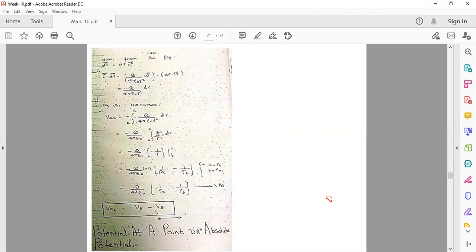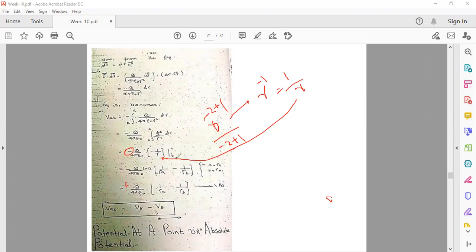So the integration will be of 1 over r square. So the integration of r raised to the power minus 2 is r raised to minus 2 plus 1 divided by minus 2 plus 1. Okay, so this minus will be cancelled out with this minus, we will get plus, and we will get r to the power minus 1, which is equal to 1 over r.